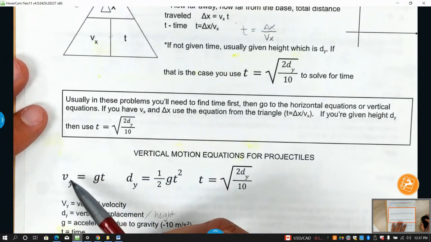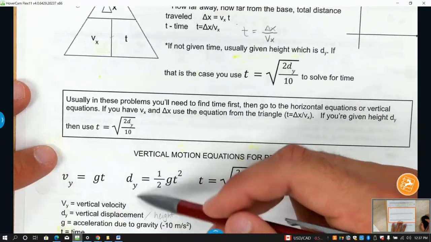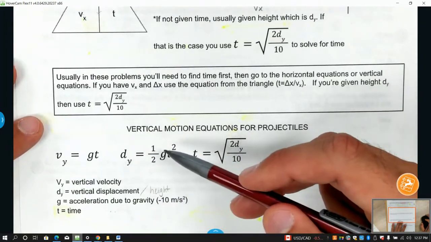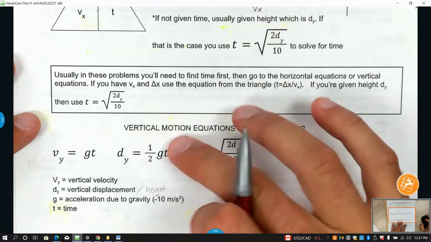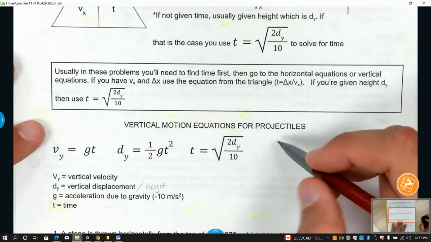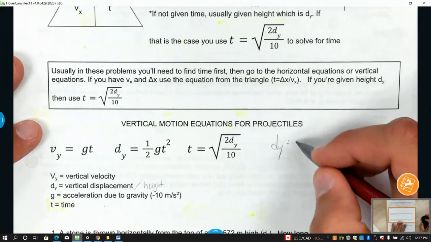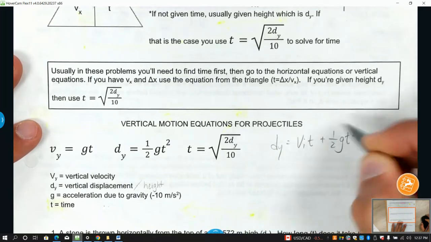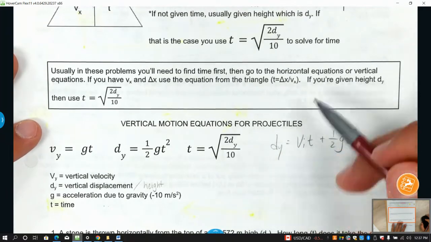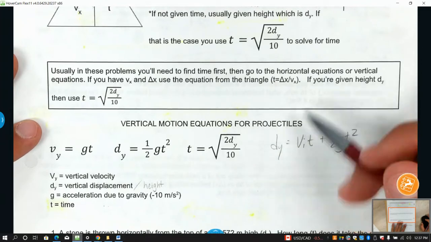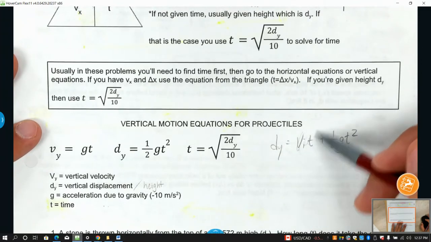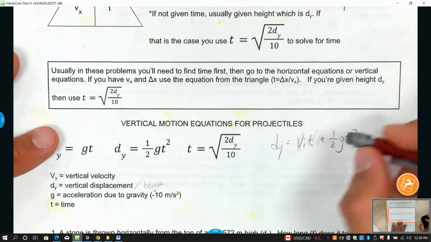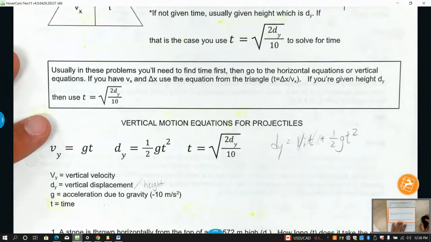They didn't ask me for the vertical velocity, they asked me for the height, dy. So I'm going to use this equation, 1/2 gt squared. Normally our other original equation was vit plus 1/2 gt squared, but since there is no initial vertical velocity, that would just cancel out anyway, so you're left with just 1/2 gt squared. So I simplified it here on your worksheet.